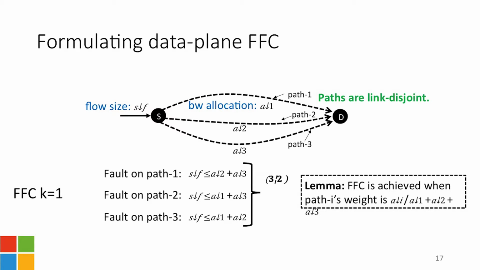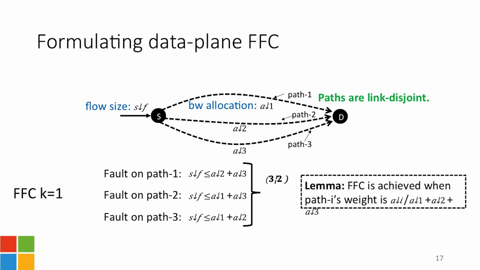If we have FFC with k equals 1, that we want to be resilient to any single link failure, it means that when path 1 goes down, path 2 and path 3 have sufficient capacity to deliver the flow. Similarly, when path 2 or path 3 goes down, the other 2 will have sufficient capacity to deliver it.